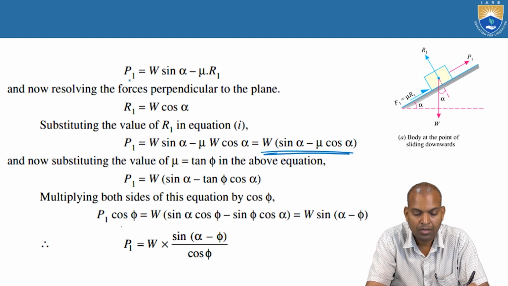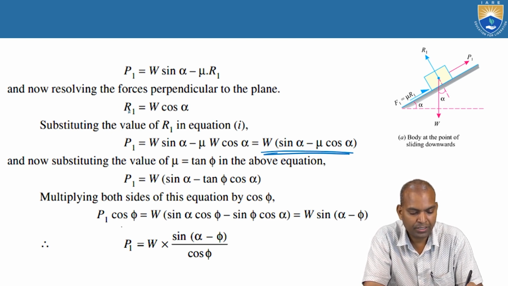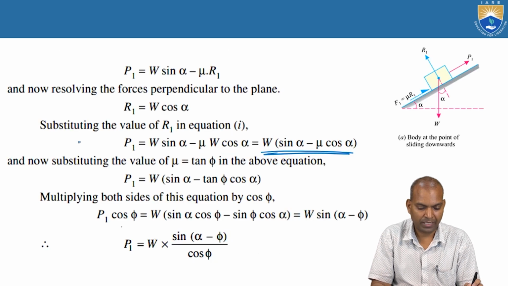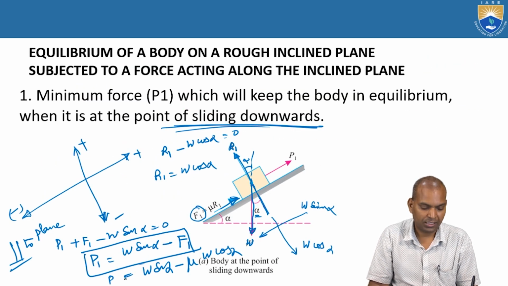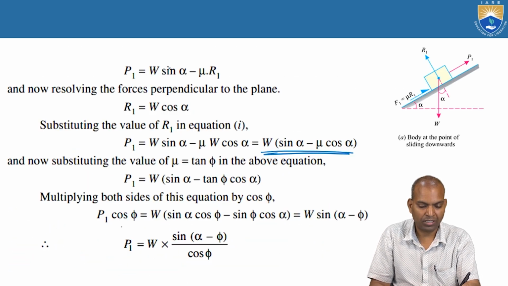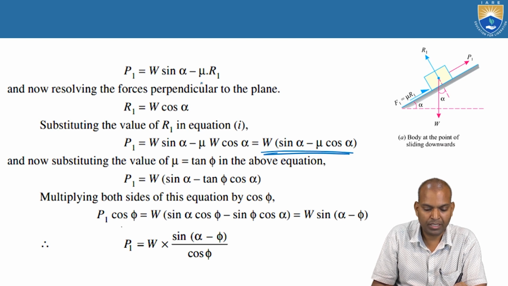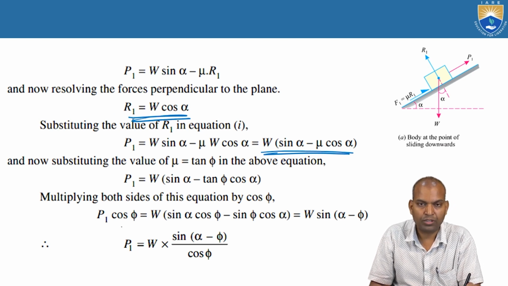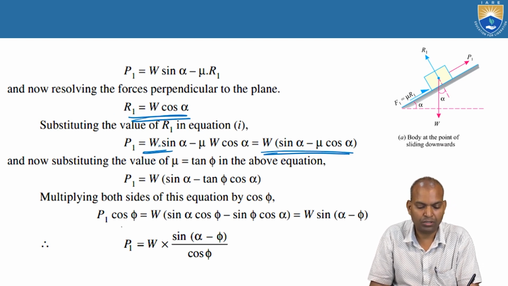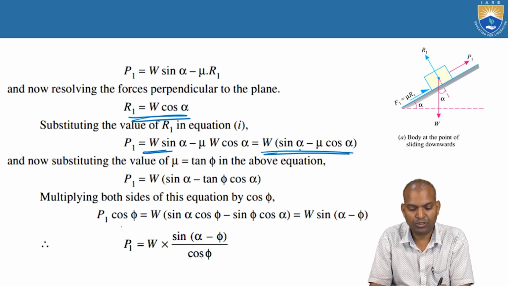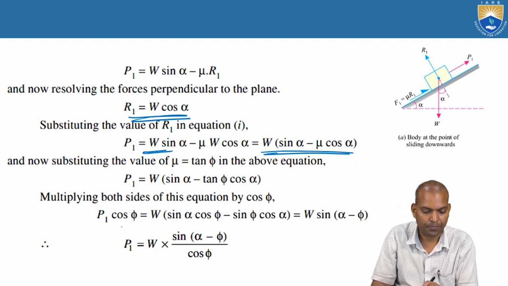Along the plane, P1 equal to W sin alpha minus mu R1. Now, resolving the forces perpendicular to the plane, R1 equal to W cos alpha. So P1 equal to W times (sin alpha minus mu cos alpha).